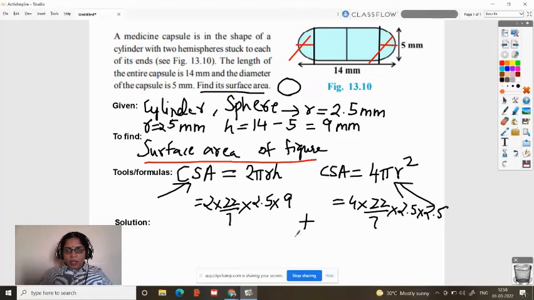If you notice here, there are also some common things like 2 by 22 by 7, 2.5. I usually use the distributive property to make my calculation simpler.